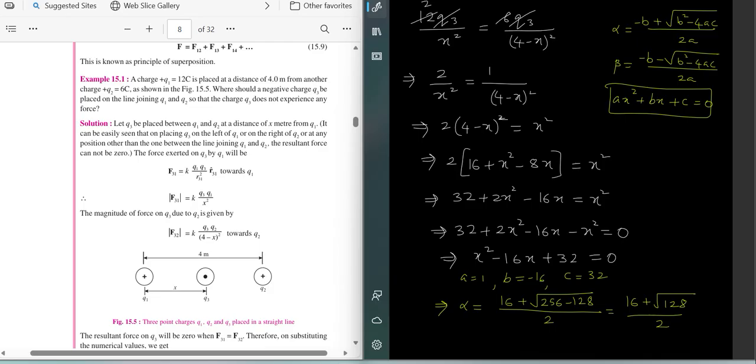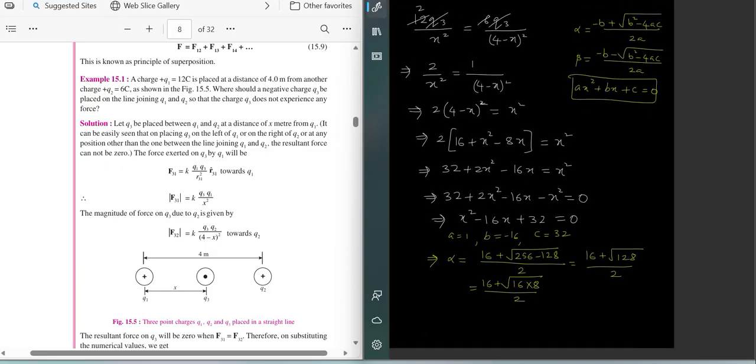This is nothing but under root of 16 into 8 by 2. 16 is 4 into 4, and 8 is 4 into 2, upon 2.